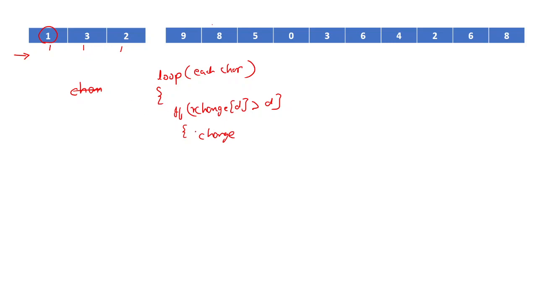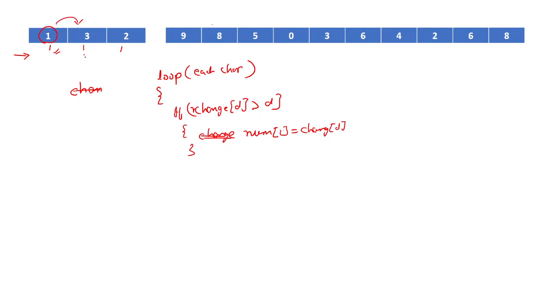Suppose this is the ith position, we will change num at that particular place with change of d, and we will continue to search for the next one.